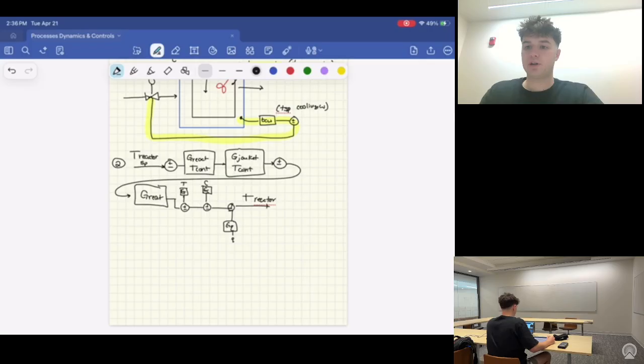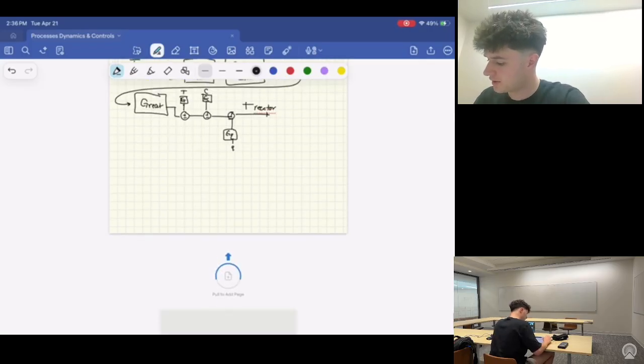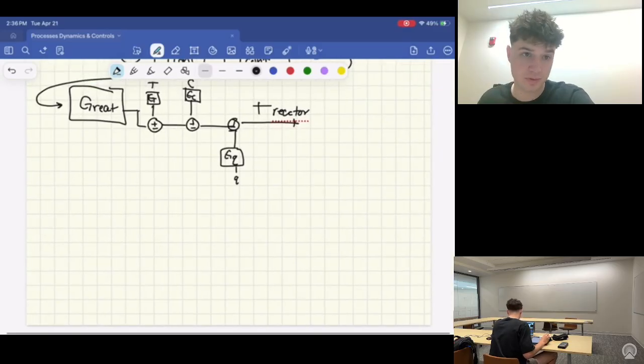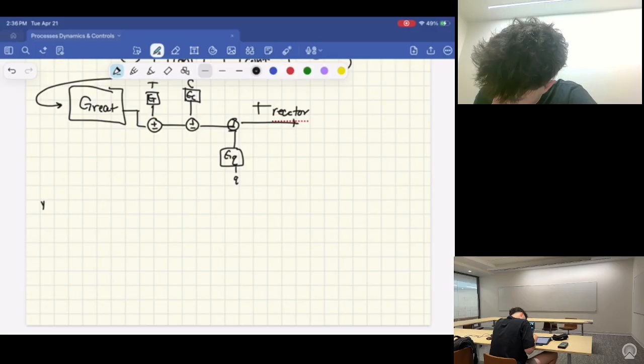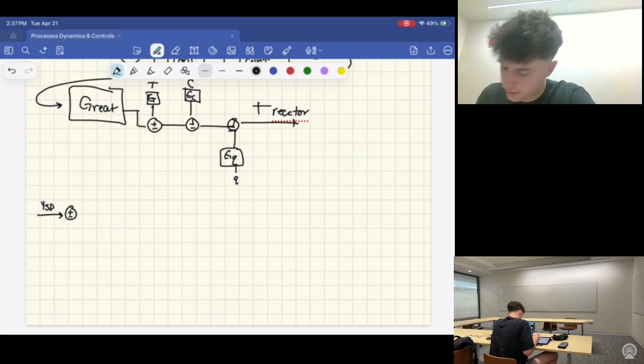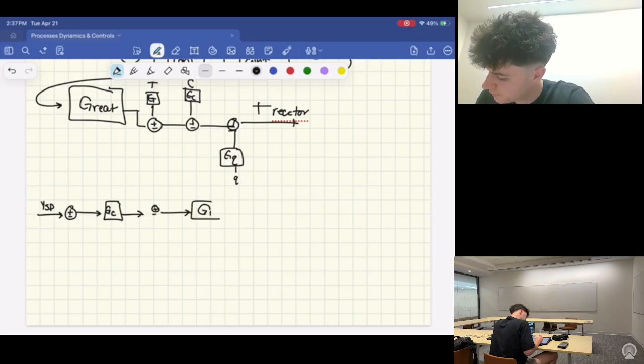Now we are going to draw this as one big block diagram, and so this is going to get really, really small because we're going to do some algebra from this. So we are going to have YSP with this arrow here, and from this arrow it's going to be going straight into a controller, which will then go into a small cube, which we will label as GC2. From GC2, we go into another controller, which will then be going to GC1.